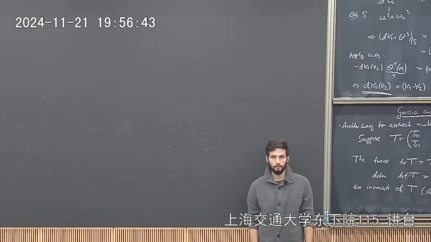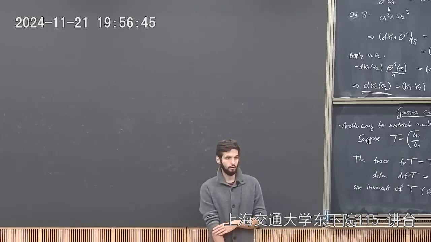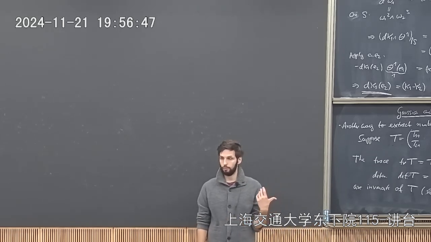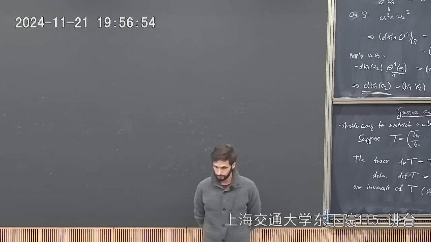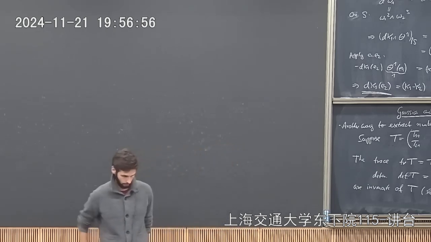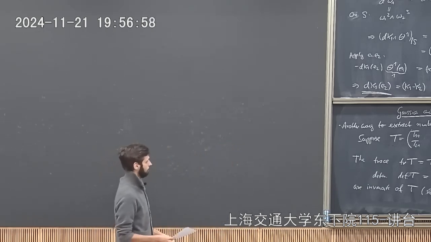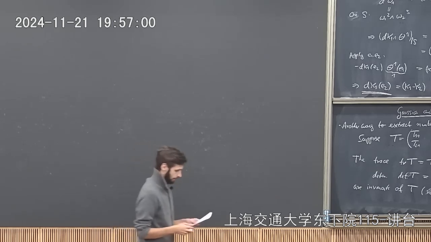So now it's very clear what we do. We apply that construction of taking the trace and the determinant to the 2 by 2 matrix that we get from the shape operator for the second fundamental form.